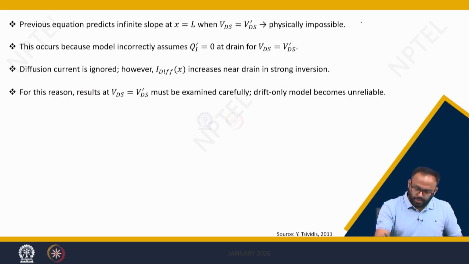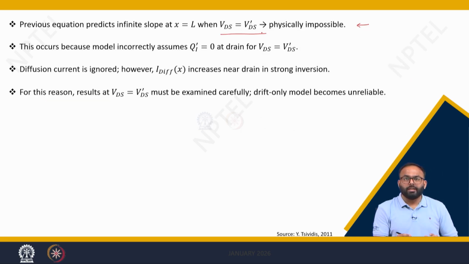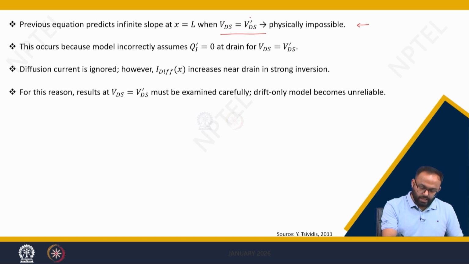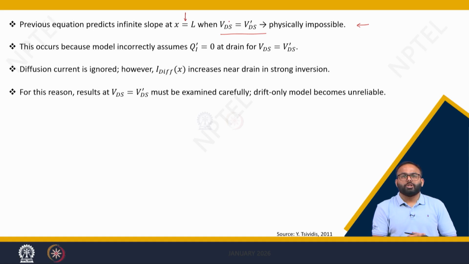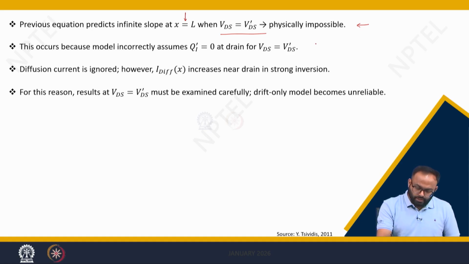So in the previous equation, what we have derived so far will give you, at Vds equal to Vds dash, right, at x equal to L, Qi actually goes to 0, which is physically impossible, and hence this is the limitation of that model. That is what we need to take care about, how you are incorporating Qi dash and Vd, correct.